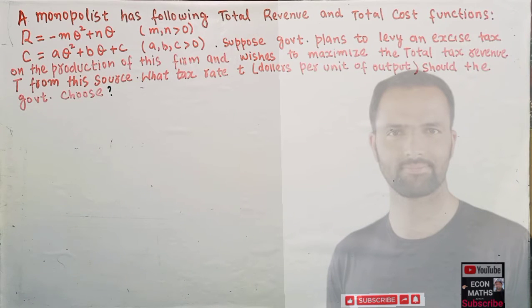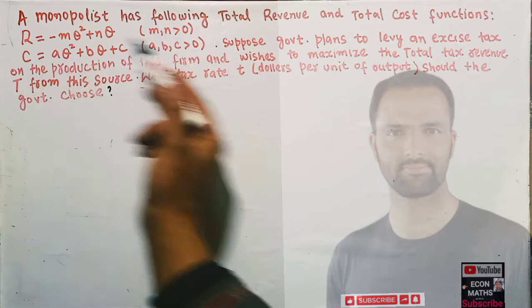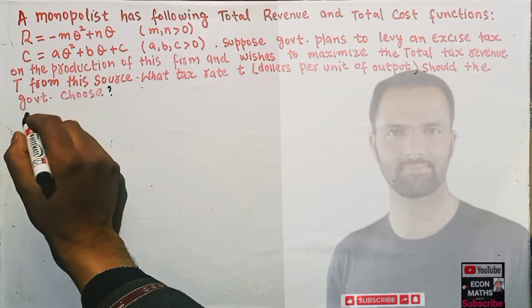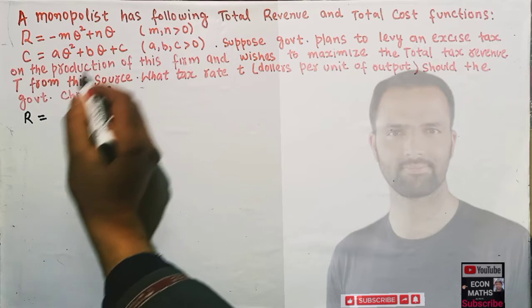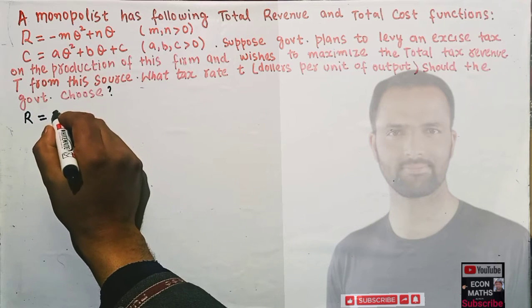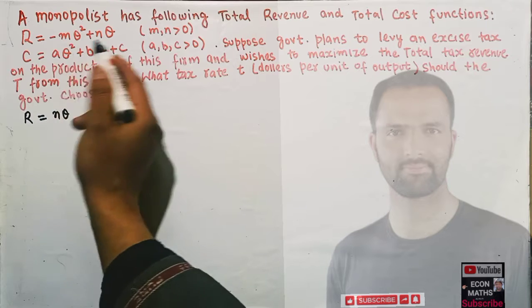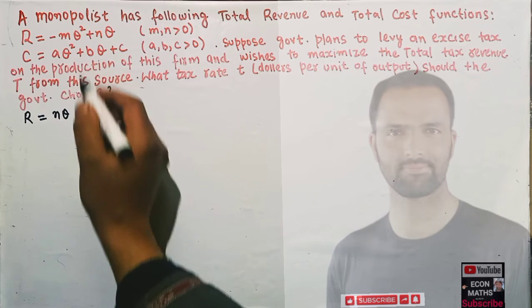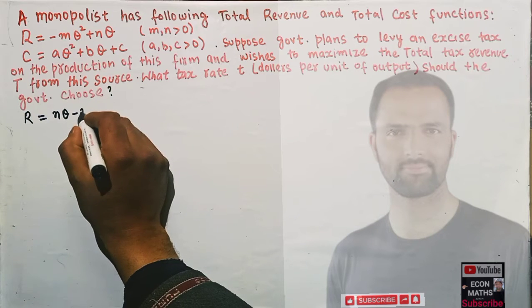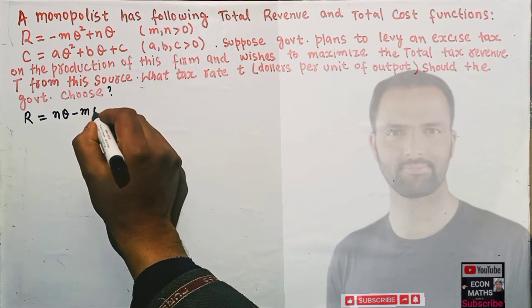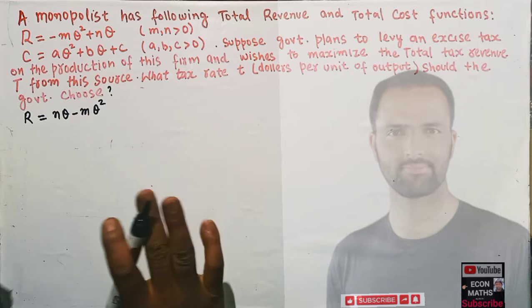First of all, we are being given the total revenue function. Let me write it like this. So our total revenue function is R is equal to nQ, let me write this term first. It does not make any difference whether I write the first term or the second term first. Then we have minus mQ². This is our total revenue function.